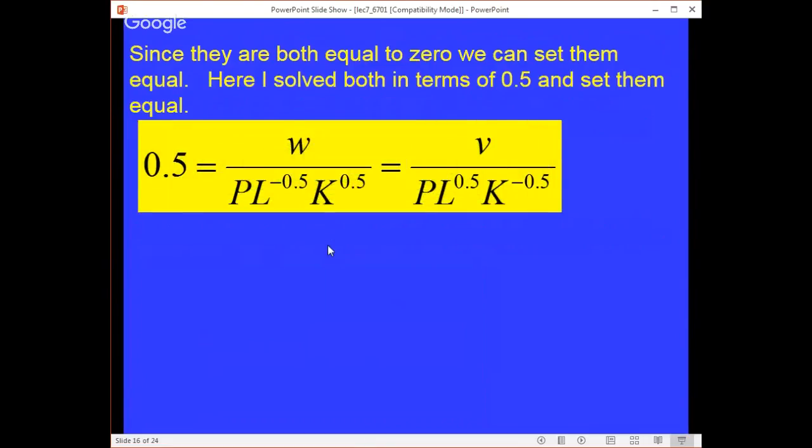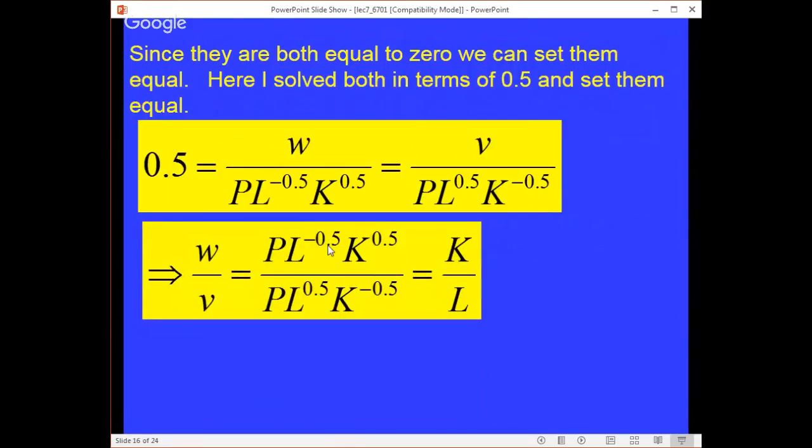Oh, sorry, I actually set them equal to each other. I did this a little differently, I'm sorry. But that's okay. Basically, I set them both equal to 0.5. I knew it wasn't lambda, but just an equation. And guess what?